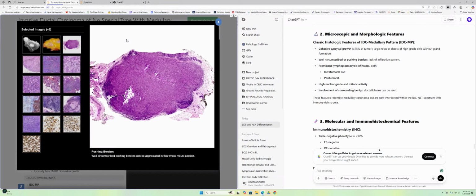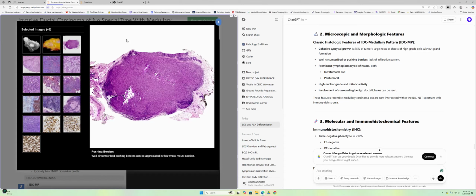Anyway, let's continue. The third one is there must be prominent lymphoplasmacytic infiltration, and it must be both intratumoral and peritumoral.